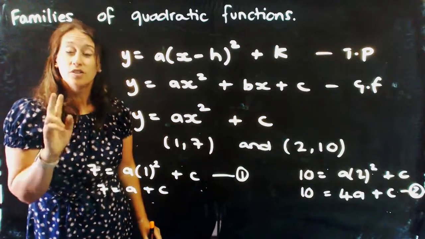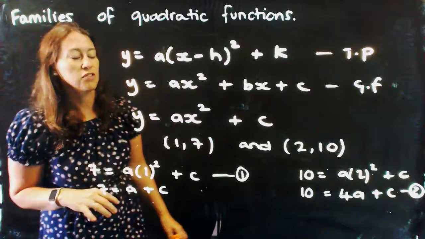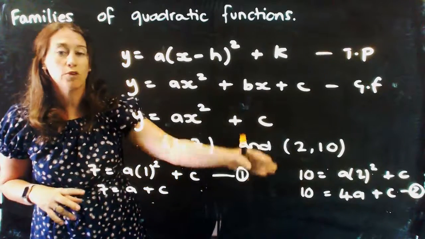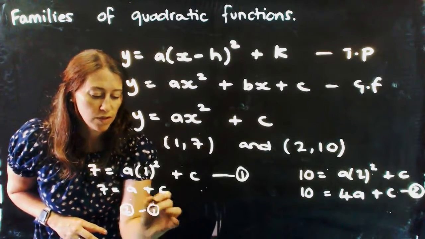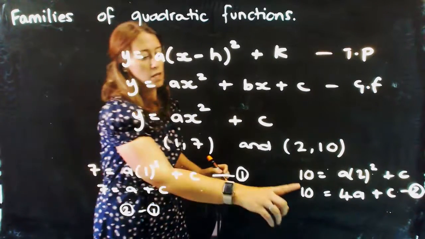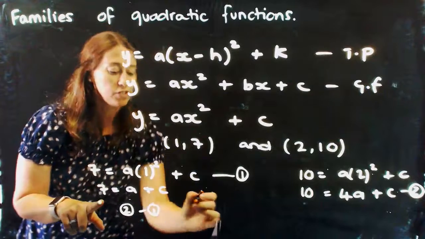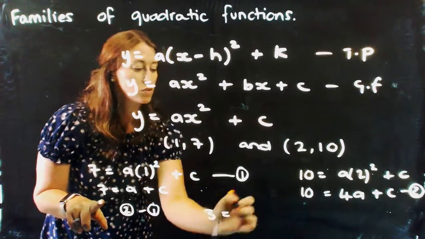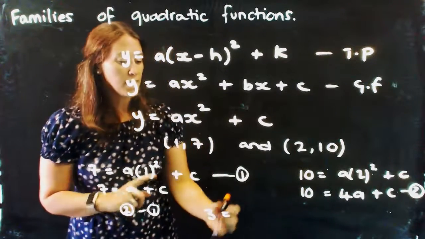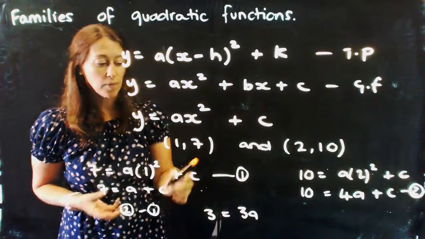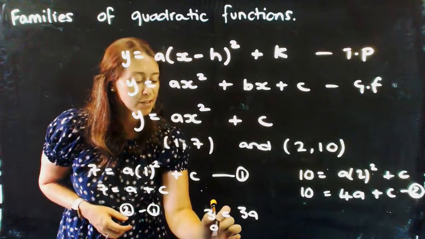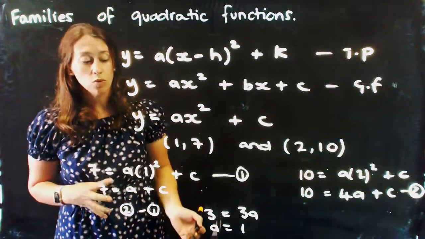Two equations, two unknowns, simultaneous equations. So I'm going to subtract equation 1 from equation 2. 10 take away 7 is 3 equals 4a take away a is 3a, and c take away c is 0, so I'm left with 3 equals 3a. Solving gives me a equals 1.